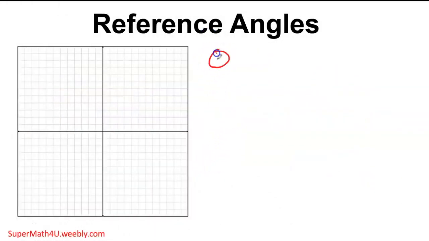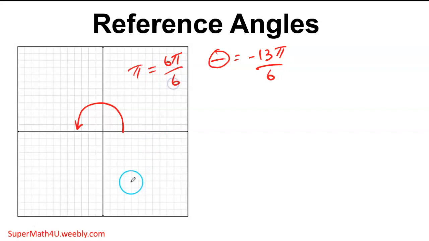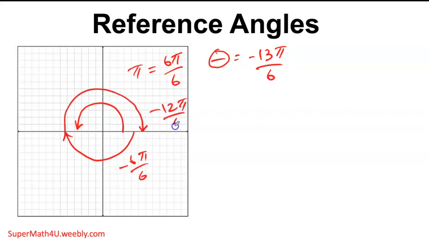Okay, let's do the last one. What about if I have a negative angle, negative 13 pi over 6? Now I have a denominator of 6, so my pi is the same as 6 pi over 6. But because this is negative, I have to go the other way. So this is negative 6 pi over 6, and another 6 pi over 6 gives me negative 12 pi over 6, and I need to get to 13.